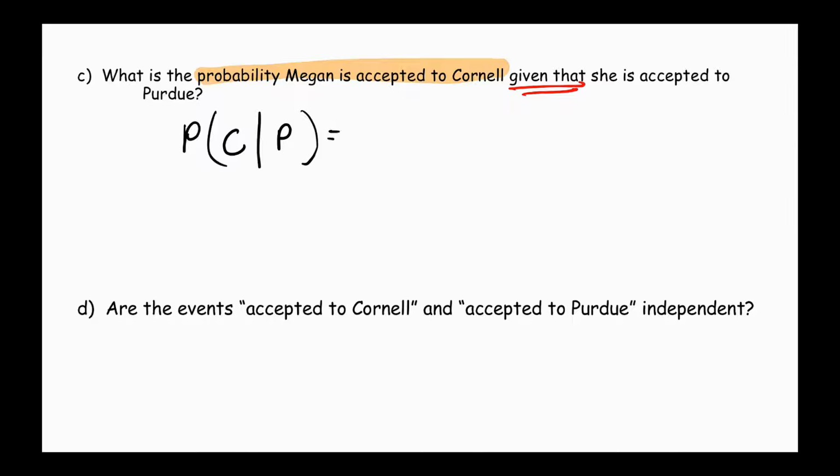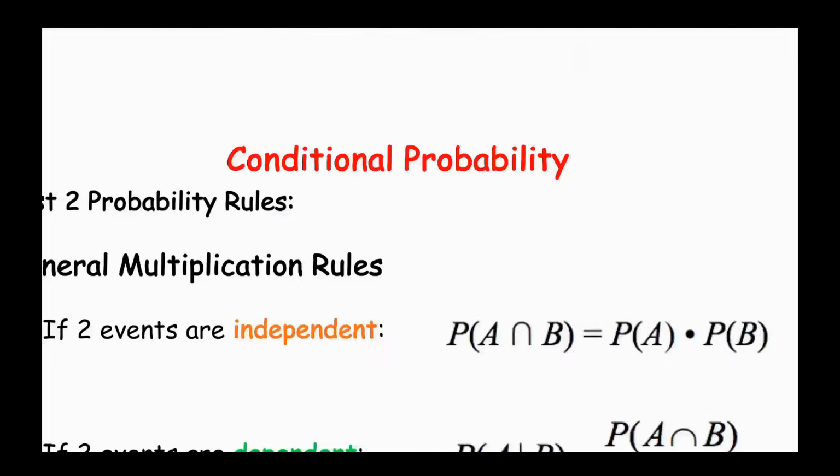The reason the order is important is because we're going to match the order of our formulas. So A is going to be C. A is in the C position and B is in the P position. Where's the formula? Right here.